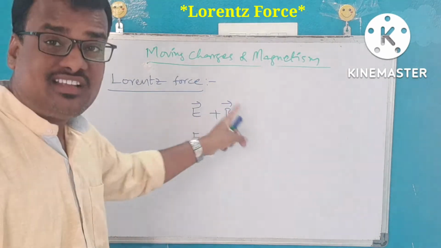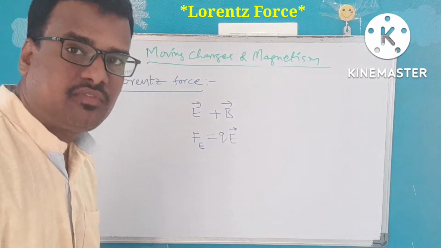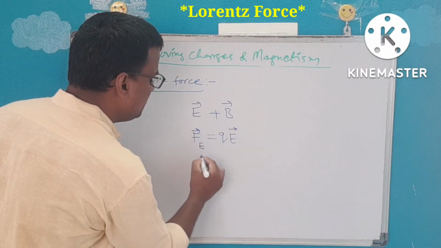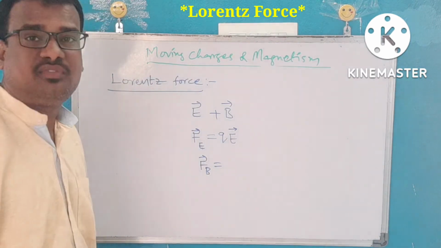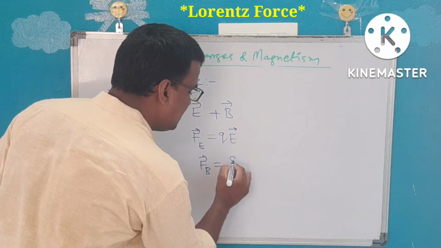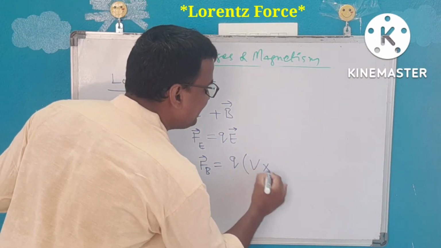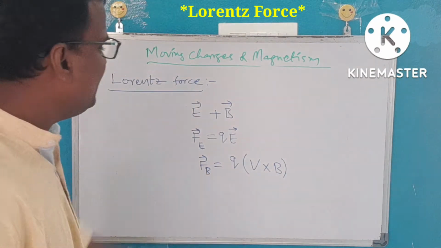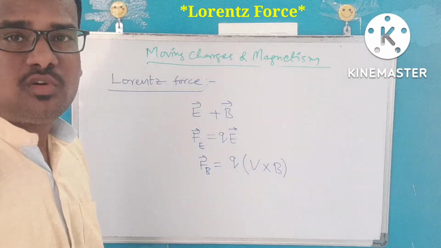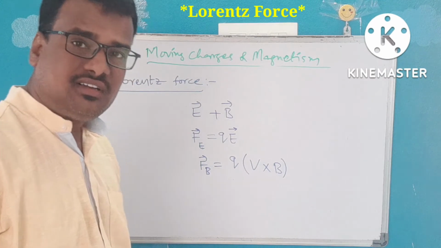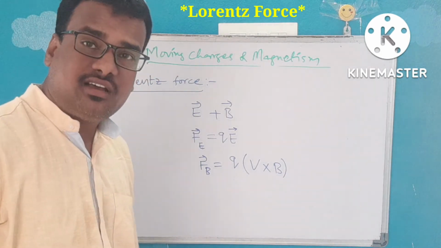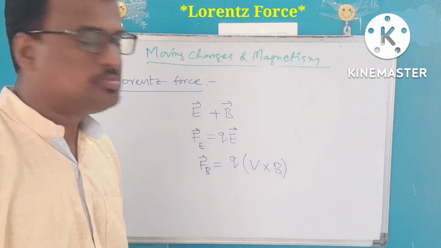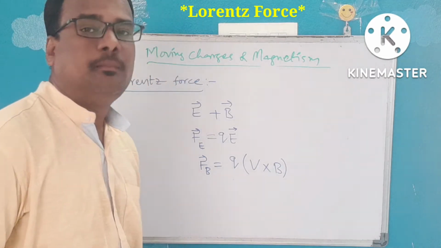But what is the equation for the force due to the magnetic field? It is Q into V cross B. Here Q is the charge, V is the velocity of the charged particle, and B is the magnetic field.